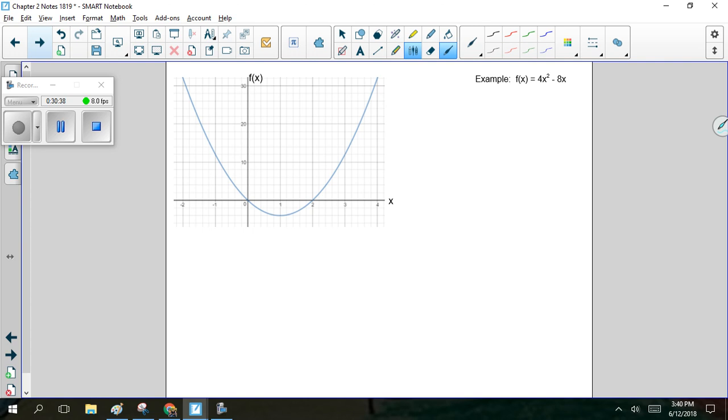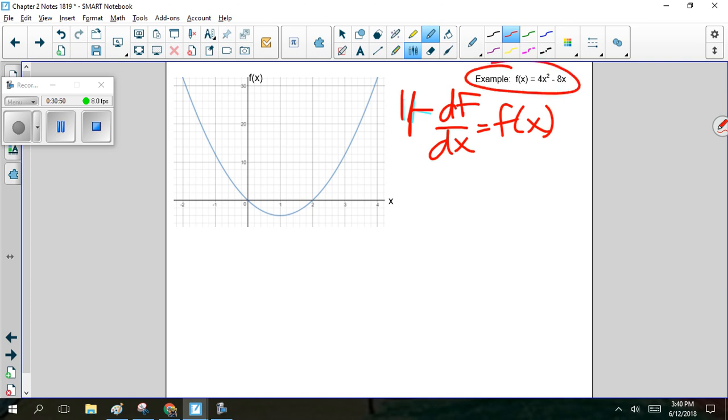Oh, that's a terrible color. How about this? If the derivative of capital F with respect to x is f of x, for this f of x, I want you to A, find capital F of 3 minus capital F of -1.